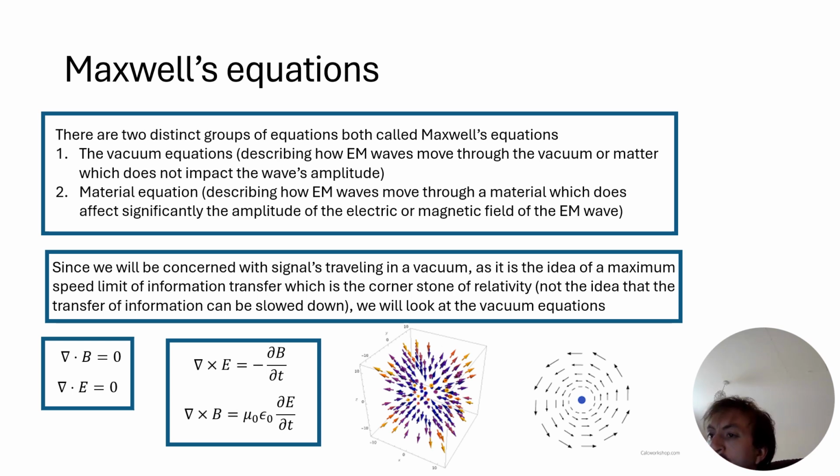But then if the magnetic field is 0 according to our equations, the curl of the electric field is 0, and we can then make a similar argument about the electric field being meaningless. And so essentially Maxwell's equations say, well, if light is moving at an infinite speed, we can't really have light, because we can't have an electromagnetic wave. Essentially, there's no physically meaningful electric or magnetic field that could travel through the vacuum.